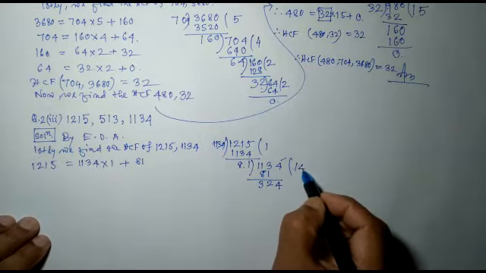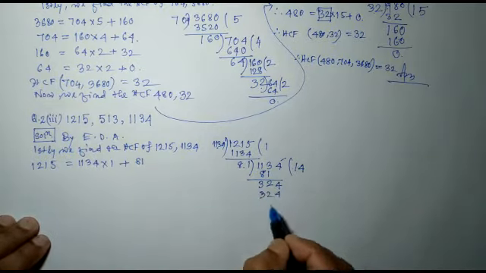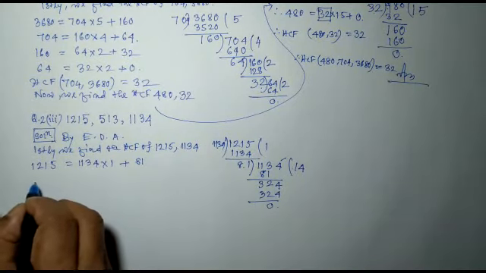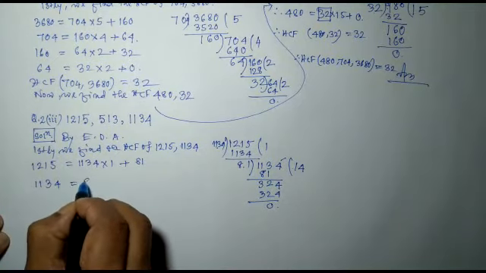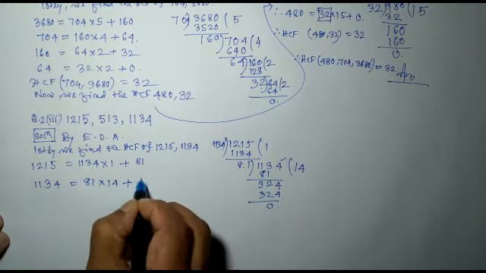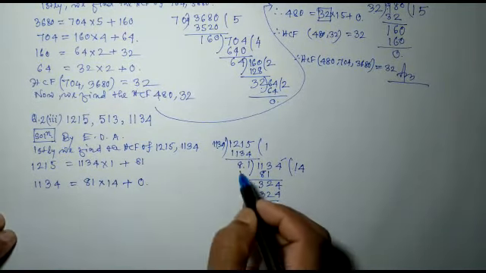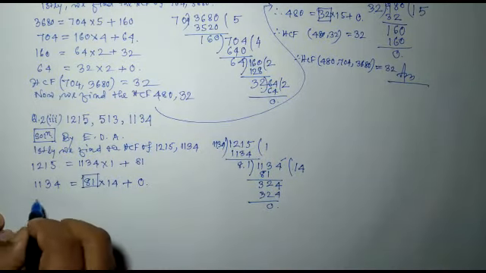As I see, it will go 4 times. 4 into 1 is 4, 4 into 8 is 32, so the remainder is 0. So we can write for this, 1134 is equal to 81 into 14 plus 0. So we have got the remainder 0, so our H.C.F will be 81. This is the H.C.F of these two numbers.